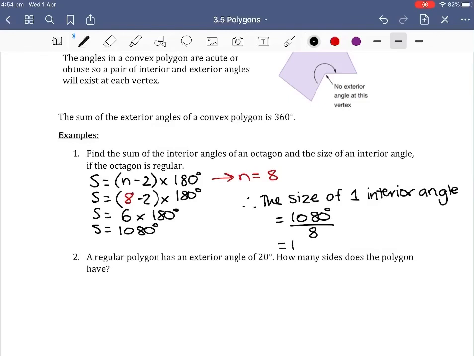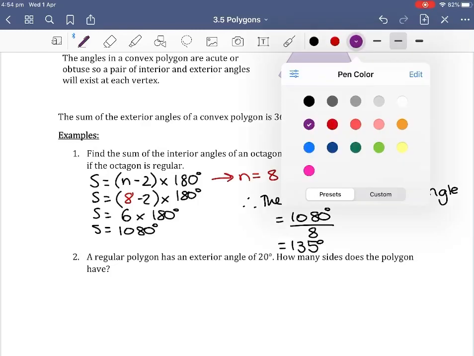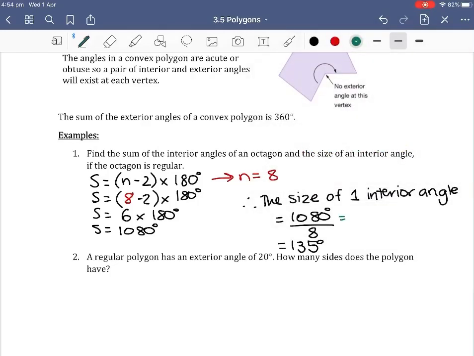When we put that into our calculator, we get that one interior angle in our octagon is 135 degrees. The way we did this is the sum over the number of sides, which we have said in our formula is n.